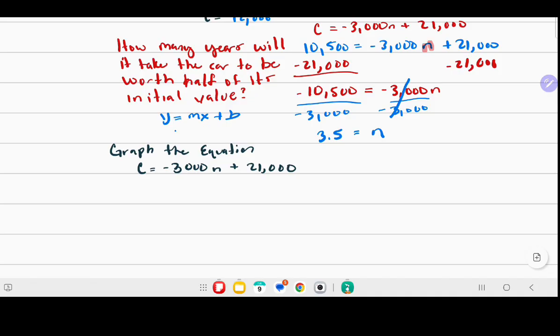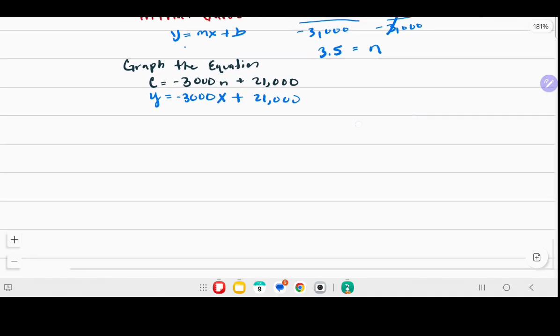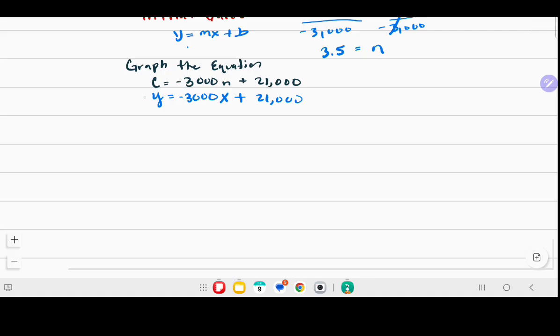If you need to, use the variables that we know, y equals mx plus b. So C was our y, equal sign, negative 3,000, X was our number of years, plus 21,000. See? That makes you feel comfortable. You can plug that in. So we're going to draw an H chart around that. That's fine.